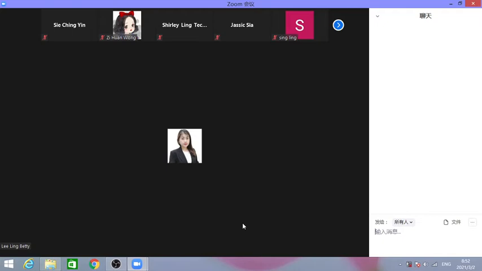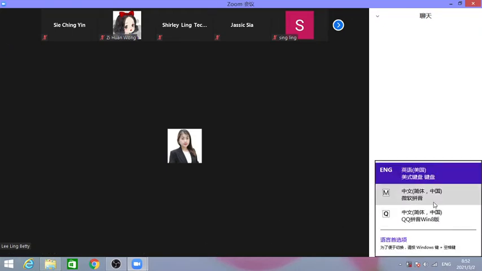Okay, for B, 4 advantages or benefits of working with others in a group. When you work together with your team members, what can you get? The first benefit is an increase in your motivation, right? You will be motivated.